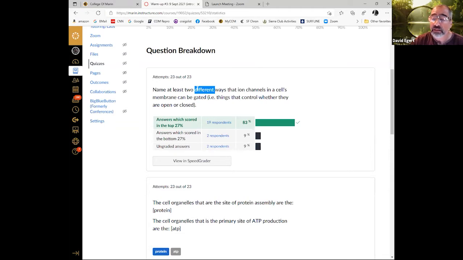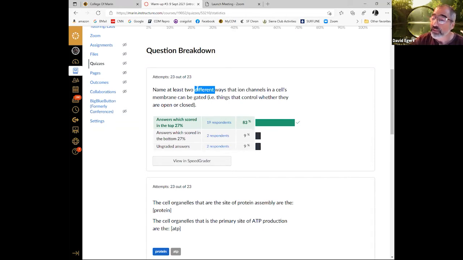Ligand gated, where there's some chemical messenger that controls the opening and closing. That's how neurotransmitters excite a neuron, or hormones can talk to a cell. That's again how your taste buds work. I mentioned sugar can open up ion channels that create an electrical signal that makes your brain know your taste buds are noticing sweetness.